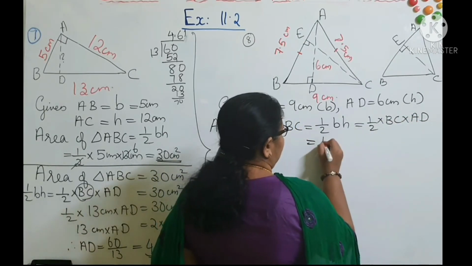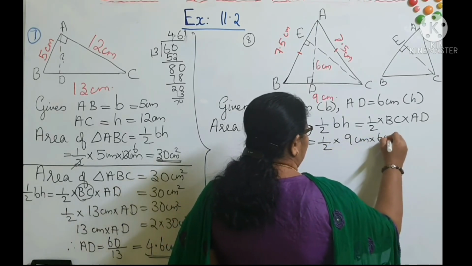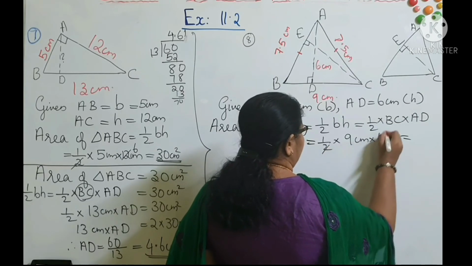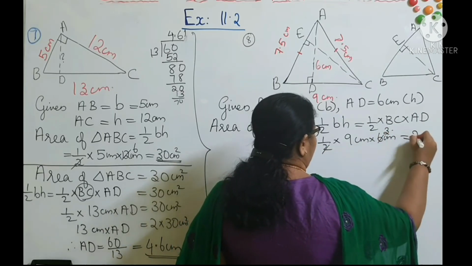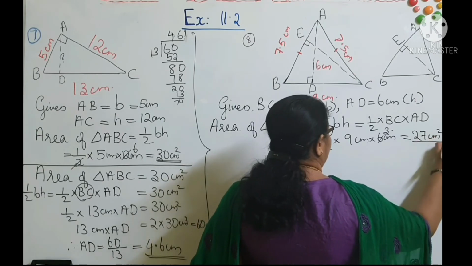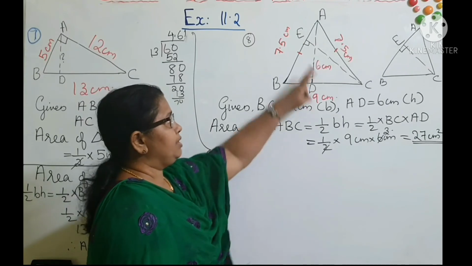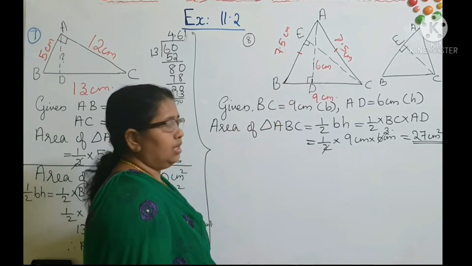Then that is half into 9 centimeter into 6 centimeter. 2 and 6 we can cancel, that is 3. So 9 centimeter into 3 centimeter is equal to 27 centimeter square. Then second part.